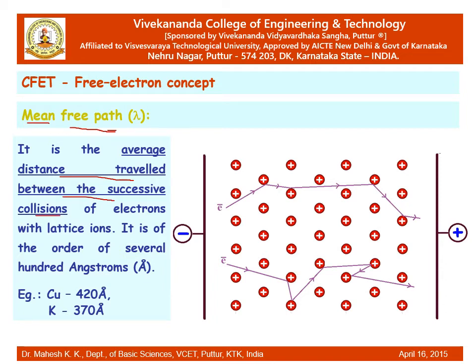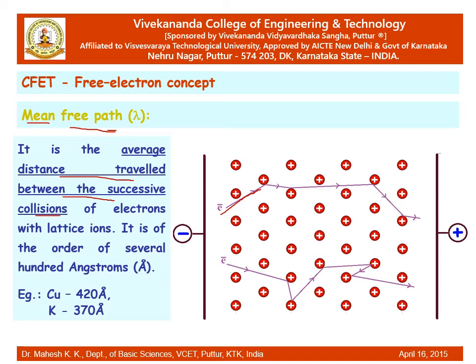When the electron is moving, it is bound to hit the core elements or the ion cores. So collision is inevitable. Between these collisions there is some free path that is moved.